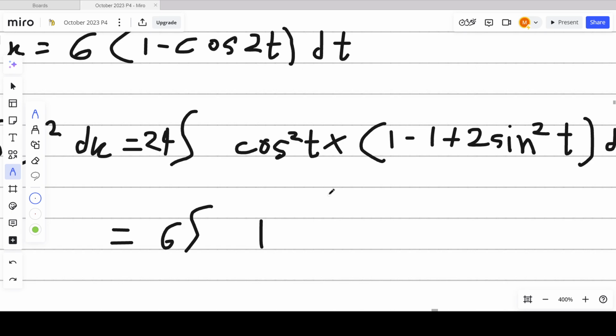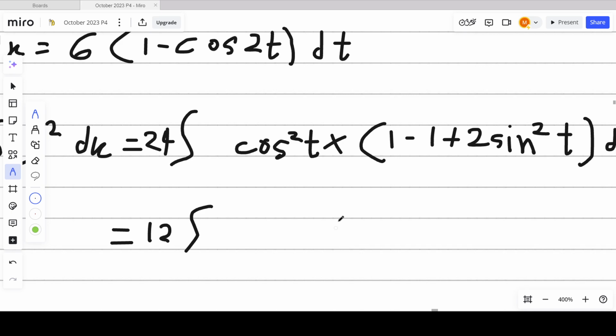I think you can figure out why I took sin squared t instead of cos squared t. 2 sin squared t is already there, so we need a 2 inside the integral in order to convert it to the trigonometric double angle formula.